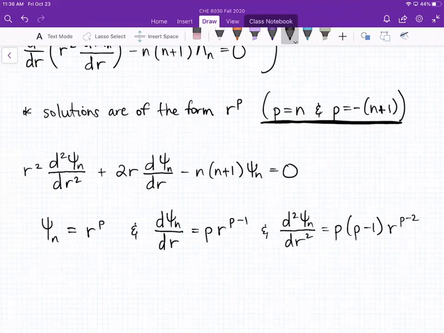Now I am simply going to take those and plug them back into the above differential equation.